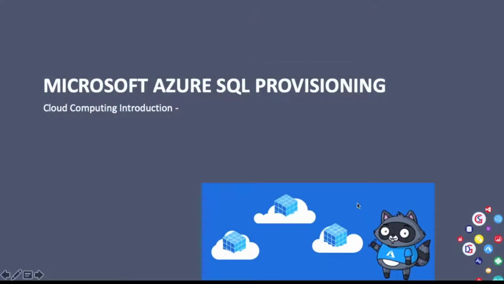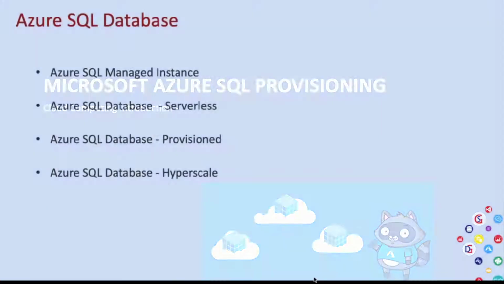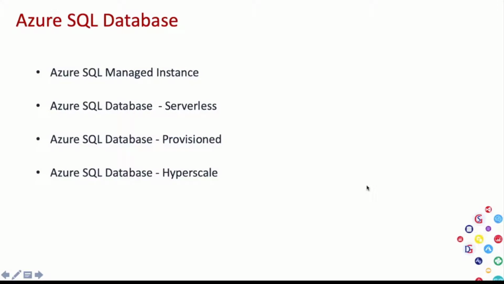Okay, now let's talk a little bit about how to provision a SQL server, Azure SQL in serverless mode. Here we have 4 service models, scalable, intelligent, and with almost all compatibility with the latest SQL Enterprise Edition.